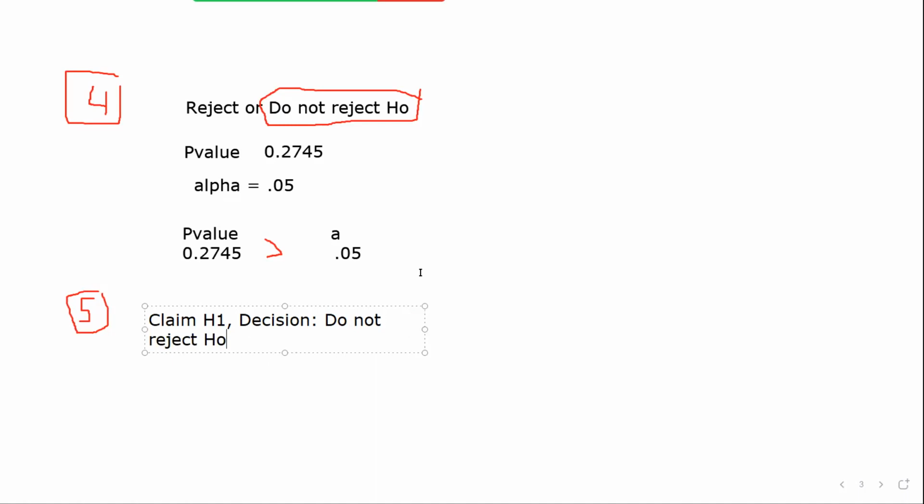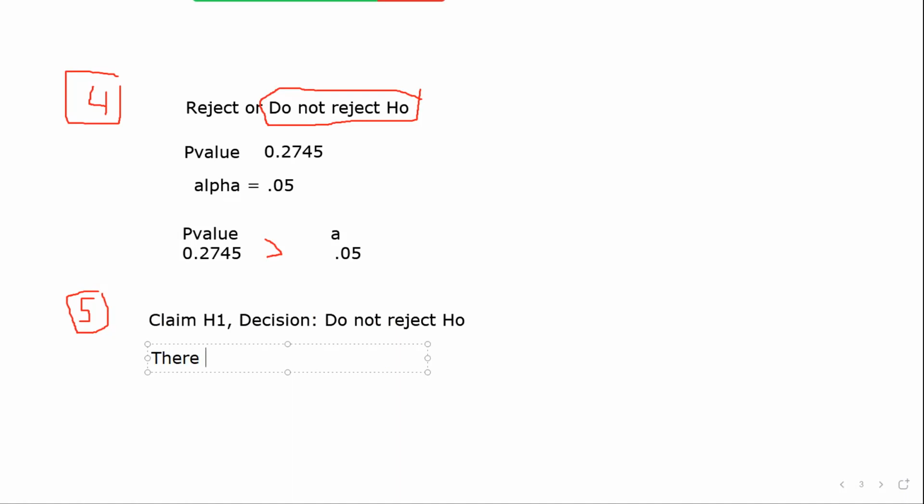I know some of you that I was in class with last week had some issues with understanding the nuance of this. My decision is always about what to do with H0, whether H0 is the claim or not. If I've not rejected H0, I've held on to H0. Therefore, there's no way that I can support the claim here because I'm still holding on to H0. Remember, when your claim is H1, you use the word support.